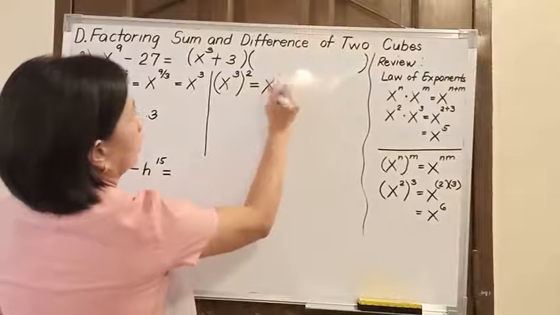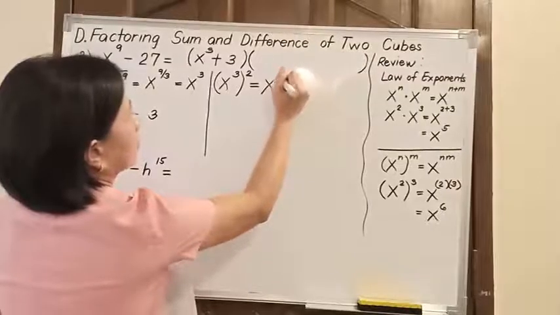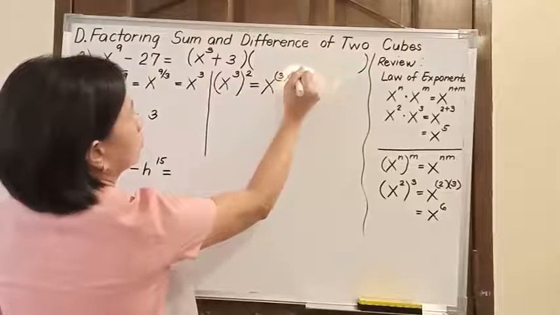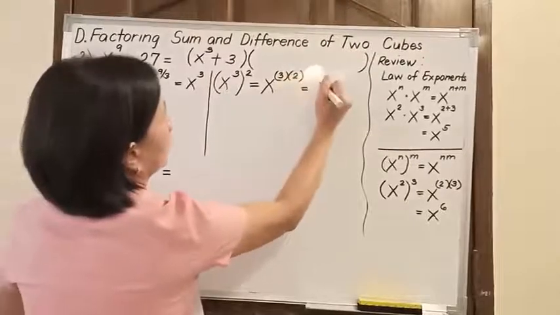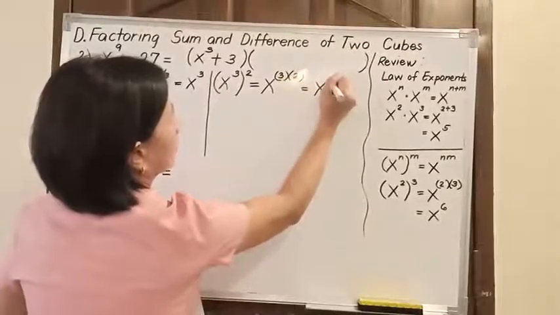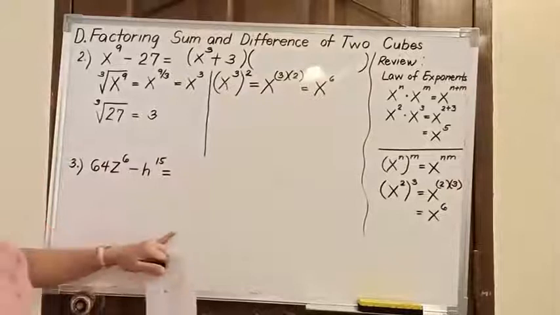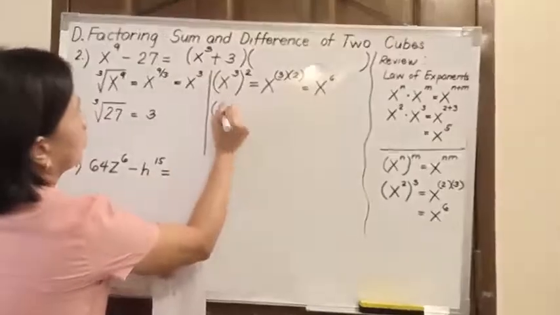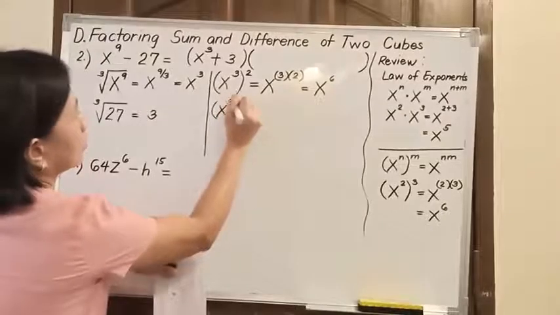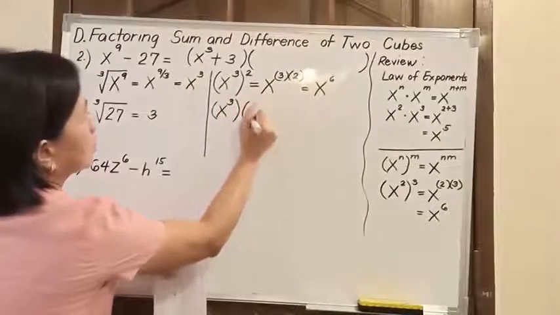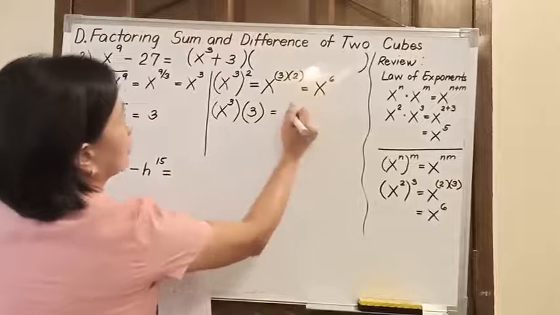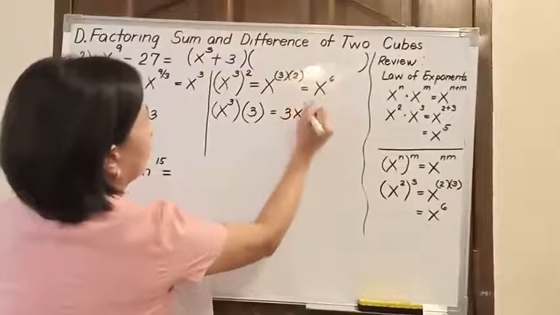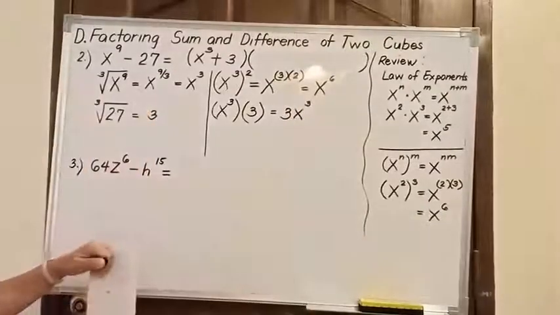So, we have x raised to 3 times 2. Therefore, we have x raised to the sixth power. Next, multiplying the two terms, our first term in the binomial factor is x cubed. Second term is 3. The product is 3x to the third power.